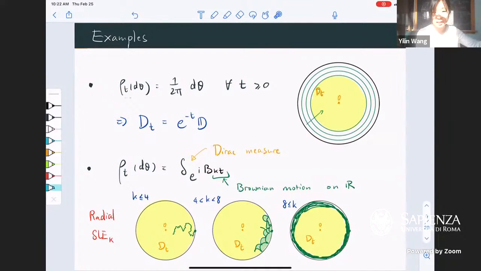By the strong Markov property, I have my Brownian motion starting from here, or starting from here. It's exactly the same. So it shouldn't be surprising, also from the ergodic theorem for instance, that when kappa goes to infinity, this measure, viewed as a measure on the cylinder indexed by t and theta, will converge to the uniform measure.